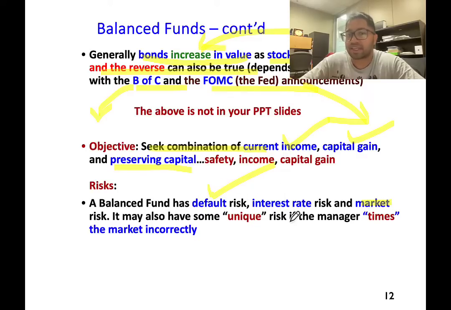So they have all three risks. They have default risk and interest rate risk because bonds can default and bonds can change values based on interest rates, and market risk because they also have stocks in them. They might also have some unique risk if the manager is timing the market incorrectly.